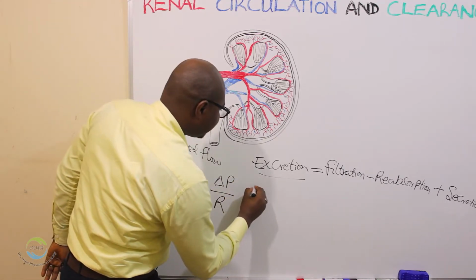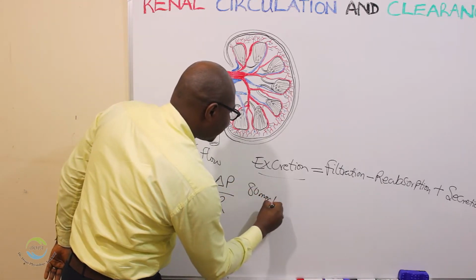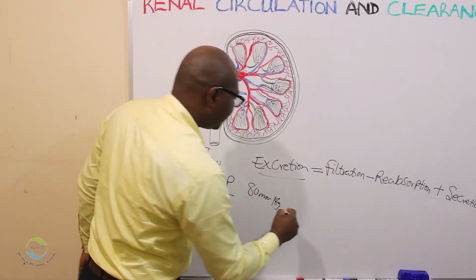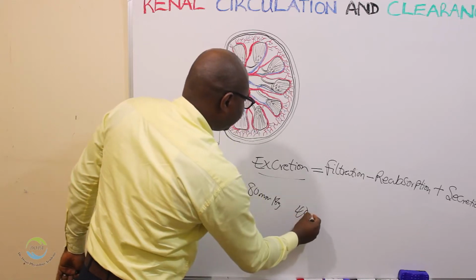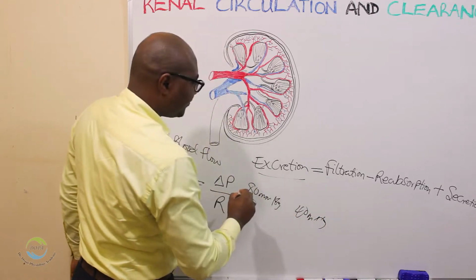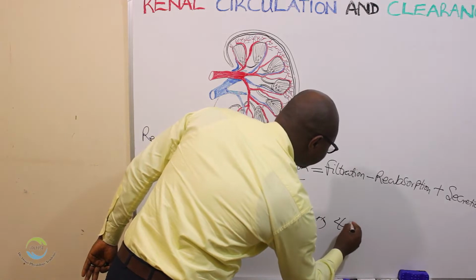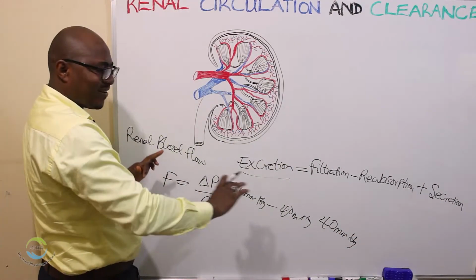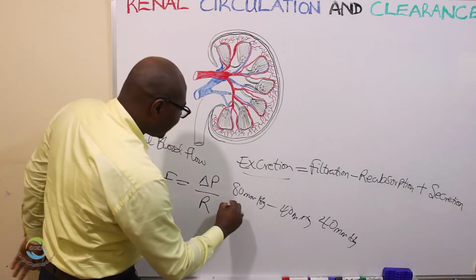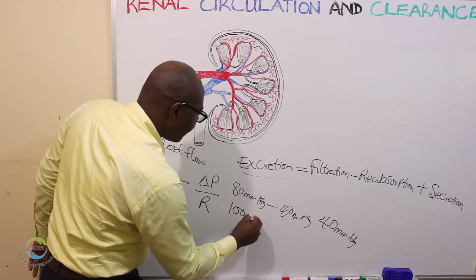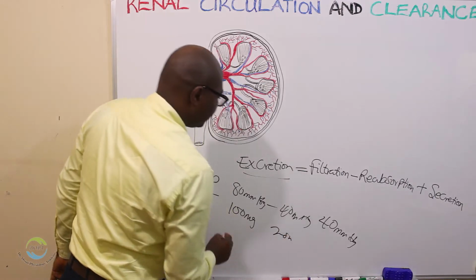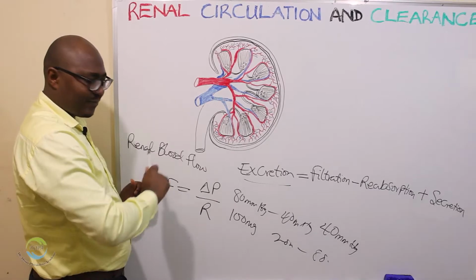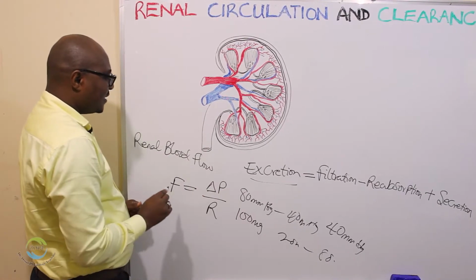Let's say it's 80 millimeters of mercury. And that in the venous side, the end point is just 40 millimeters of mercury. What's the difference? You have 40 millimeters of mercury as the gradient. But if you have something like this, 100 here, and you have 20, what's the difference? 80. So there's going to be faster flow. Right? So you understand that.